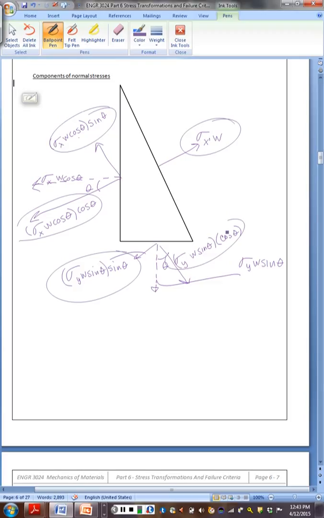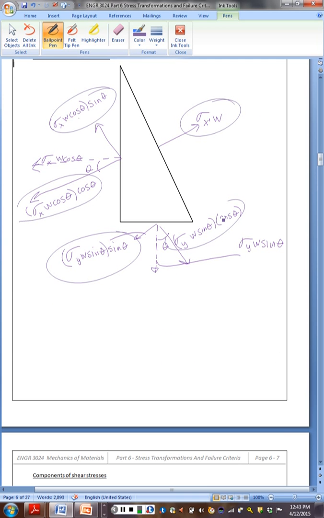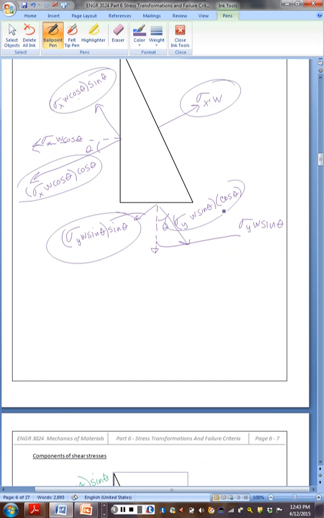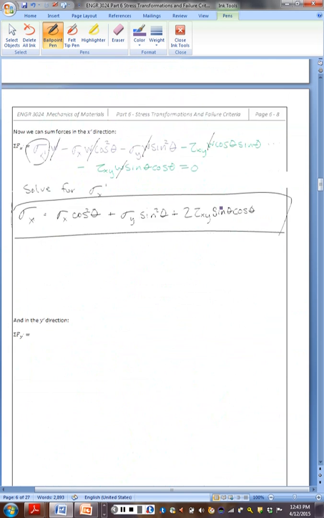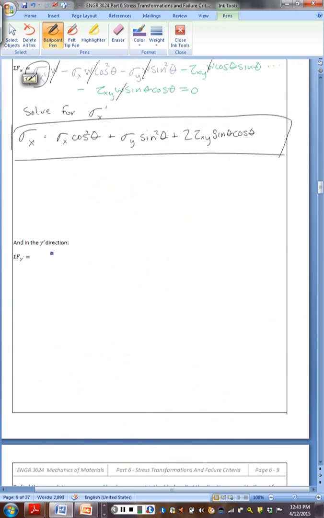We have a cross product term multiplied by the normal stress in the y direction. And that looks like plus sigma x W cos theta sine theta, and the minus sigma y W sine theta cos theta.